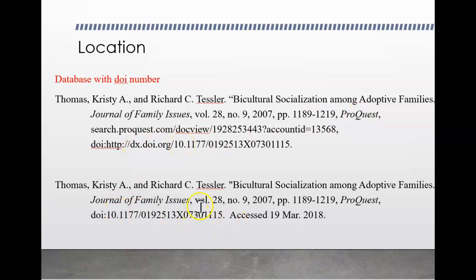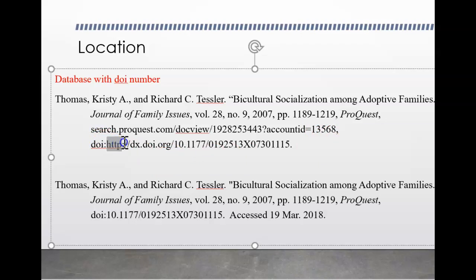And it's what identifies that source. So I could go to ProQuest, type in this number, go directly to the article. So I don't need all the other web URL business. You do edit this DOI number out by taking all of this information out. So that just goes DOI: to the 10. The 10 will always be the first number in the DOI.